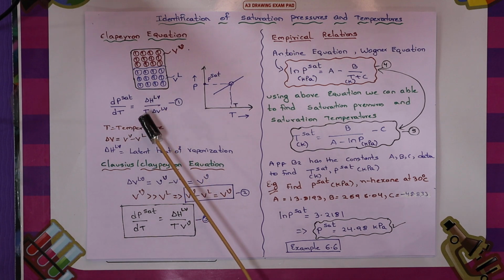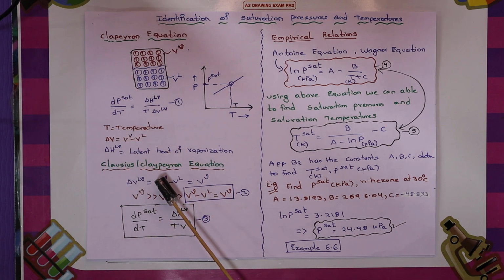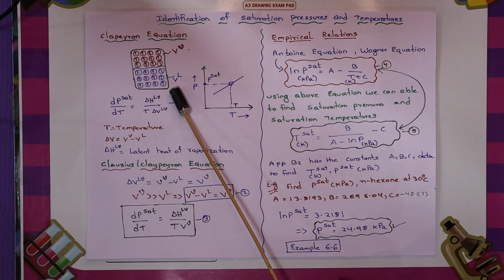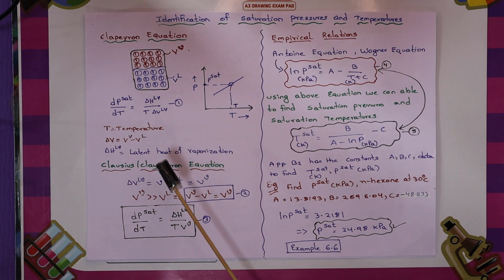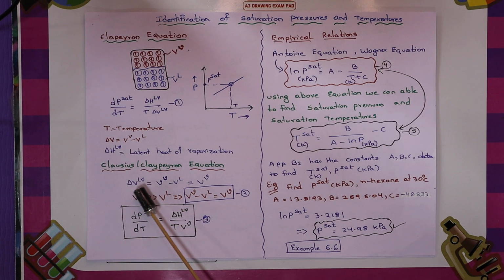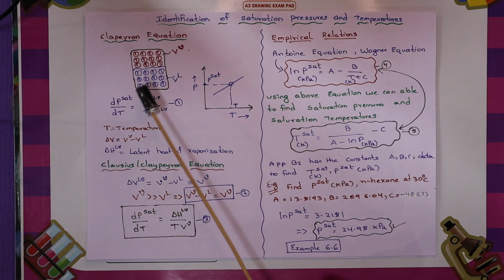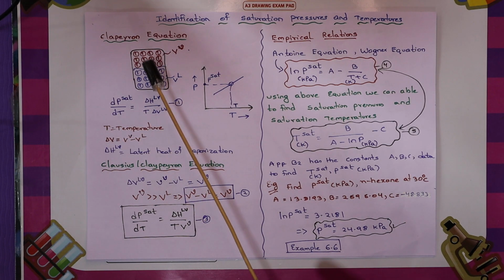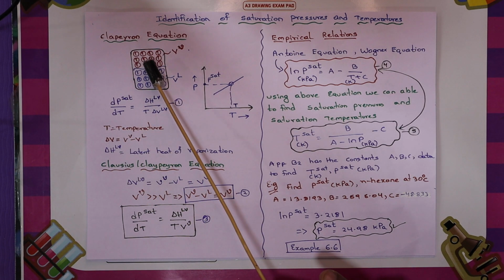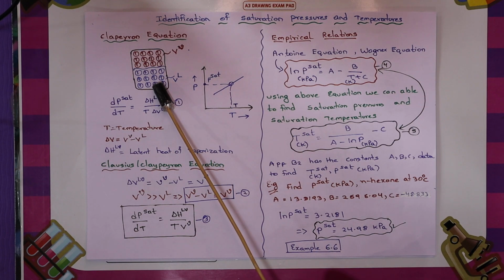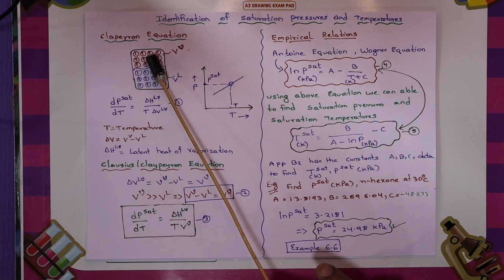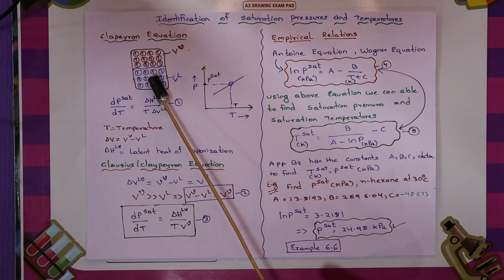People later came up with more simplified expressions, taking an assumption about delta V. You know what delta V is: the change of volume, molar volume of the vapor minus molar volume of the liquid. Compared to the vapor volume, the liquid volume is less, because the gas or vapor will occupy more volume compared to the liquid.